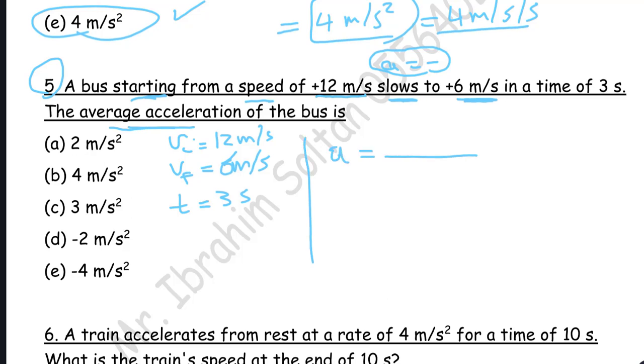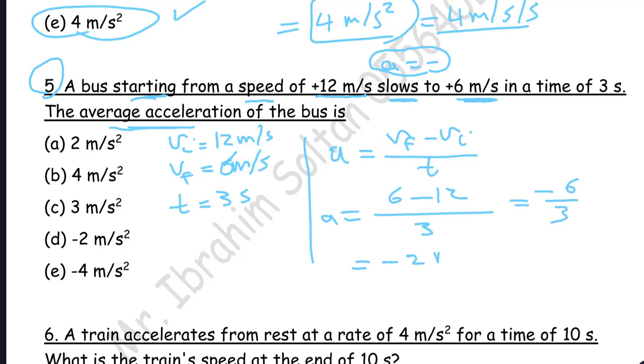A equals V final minus V initial over T. A equals 6 minus 12 over the time, 3, means negative 6 over 3, means negative 2 meters per second squared. So the object is decelerating. Means after 1 second, its speed will be 10.